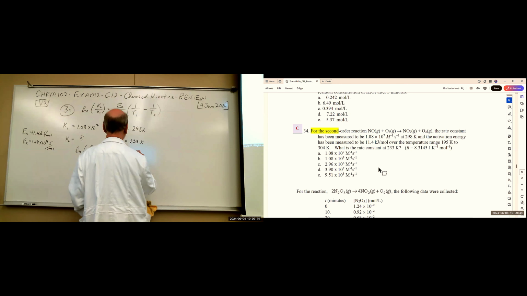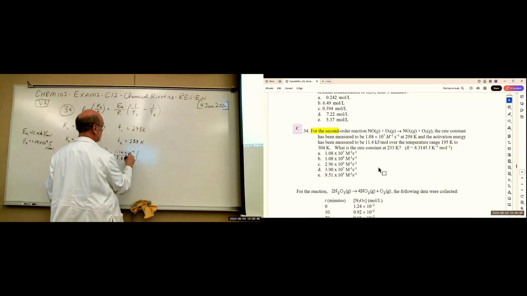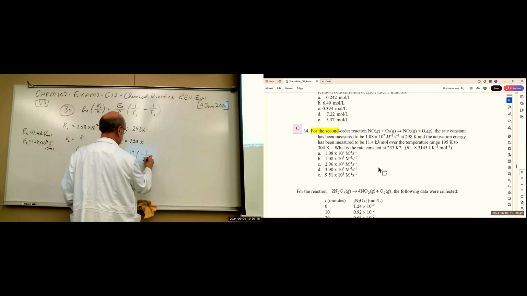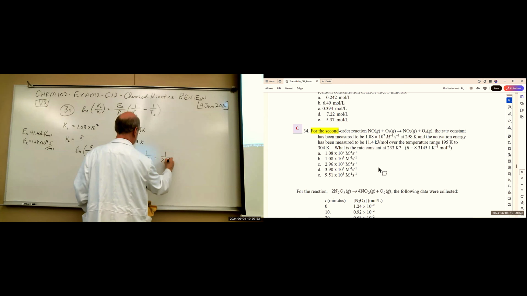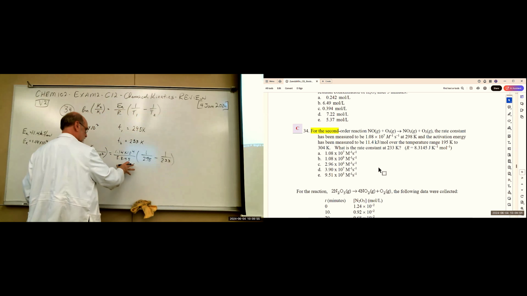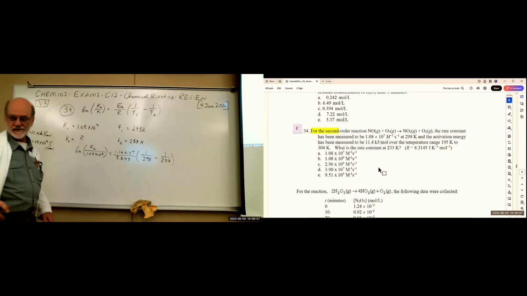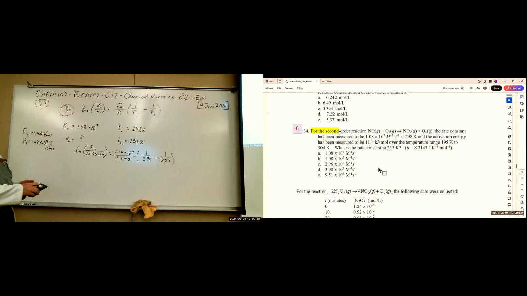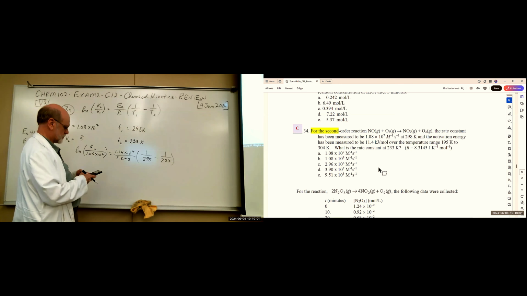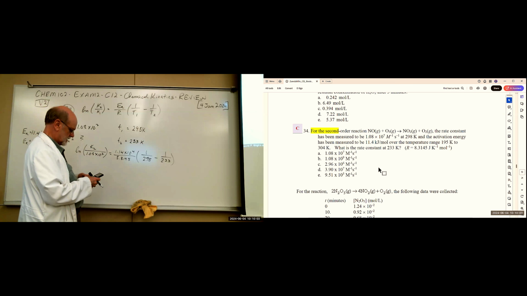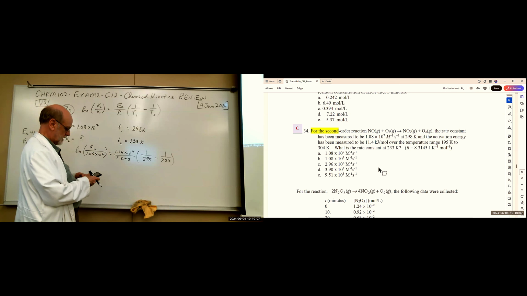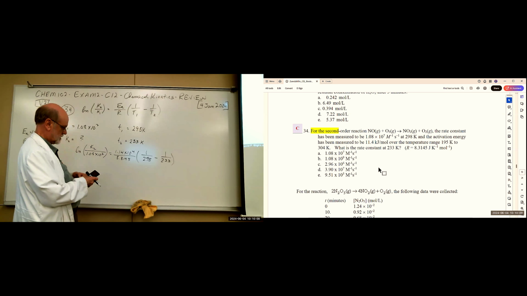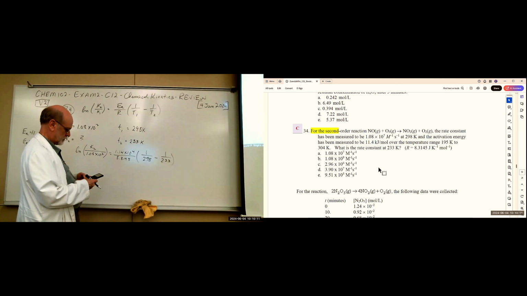And then we have our temperatures that are already in K. So the first one is 1 over 298 minus 1 over 233. Okay. We can resolve this side of the equation. Let's do that first. I'm going to do the temperatures first. 298, take the inverse. And 233, take that inverse. Subtract that one from the first one.